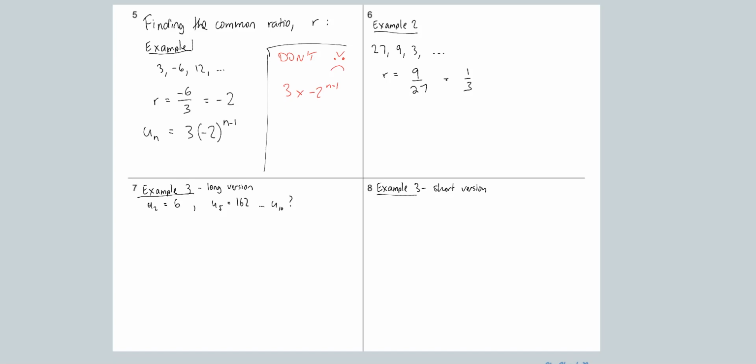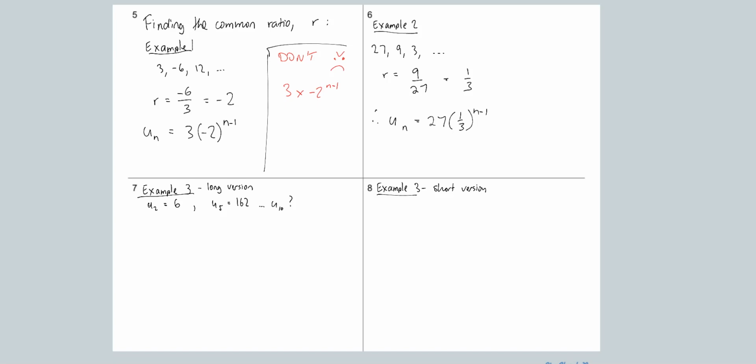P.S. This is an example with a descending sequence where I might just choose the other two terms, because 3/9 I can clearly see as 1/3. The smaller numbers are all a little bit easier to see where we're headed. So you can choose any two consecutive terms, remember? Therefore, U sub n is the first term multiplied by the ratio to the power of n minus 1, and we're done.